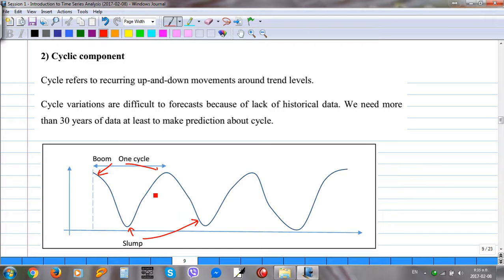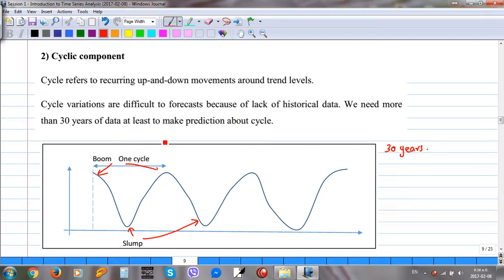But you have to remember, for a cyclic variation you have to observe at least 30 years. Otherwise we cannot say it is a cyclic variation. Cyclic variations are difficult to forecast because of the lack of historical data.